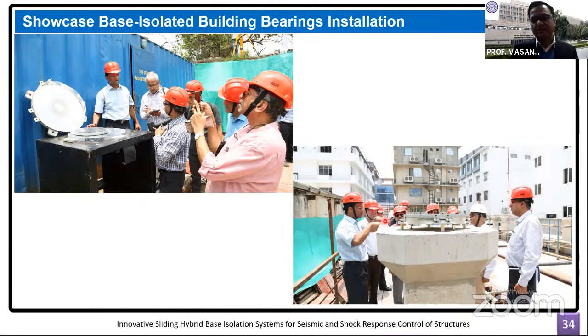This plate gets attached to the bottom in the column concrete, and this plate gets attached to the superstructure when you construct the columns above this. This connection is done through these connectors here, which are embedded inside this pedestal.